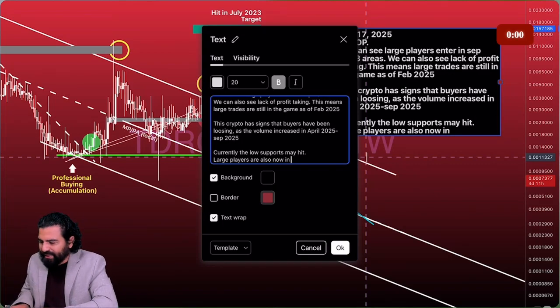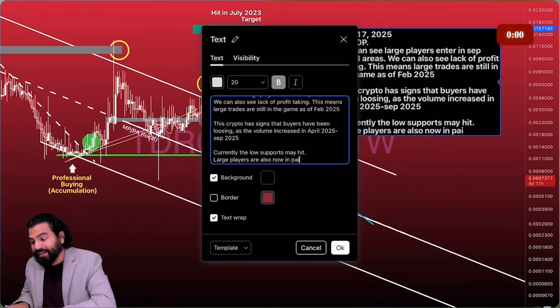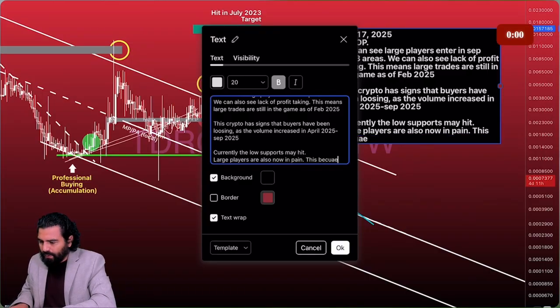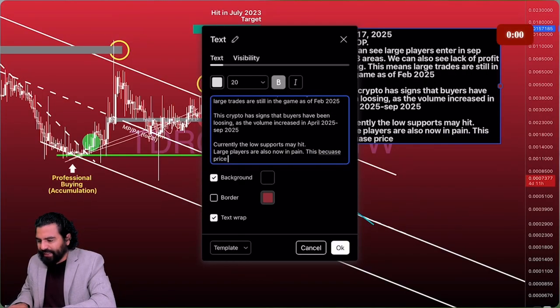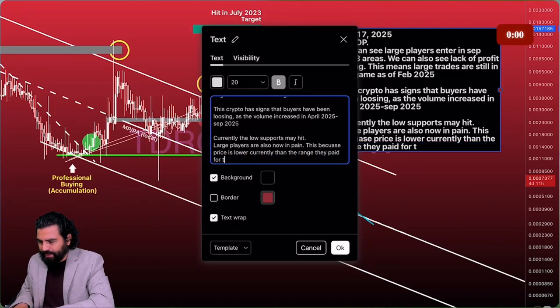So as to not confuse you, I'm going to say large players are also now in pain. This is because price is currently lower than the range they paid for this crypto.